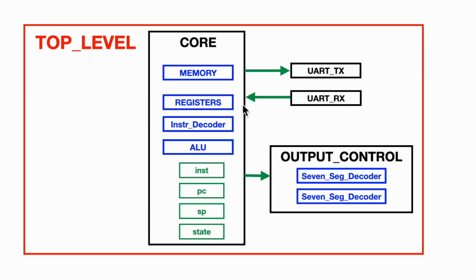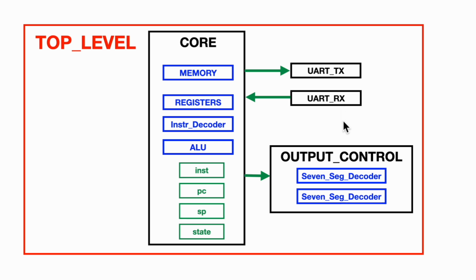So for example, when we do an in instruction to read a byte, the UART receive module will ask the core to wait until a character has been typed. And likewise, when we use the out instruction to send a byte to the serial communication channel, the UART will suspend the core's execution until that character has been fully sent, and the UART is able to receive another character to be transmitted.